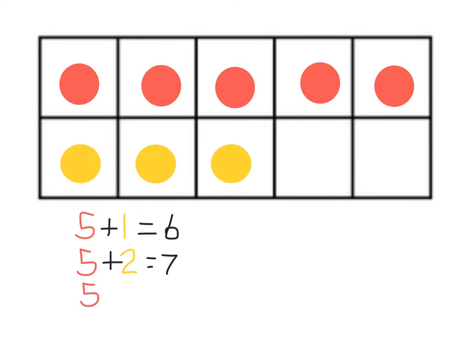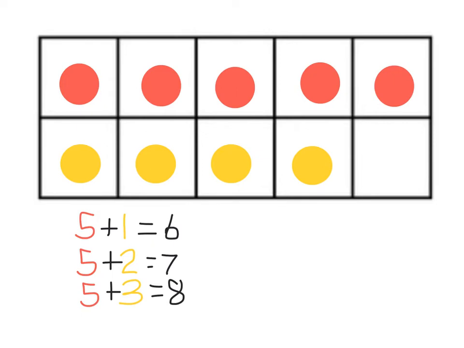Then I see that there are some yellow counters, so I'll write plus 3 for the 3 yellow counters equals how many in all? 5, 6, 7, 8. So that equals 8 counters in all.